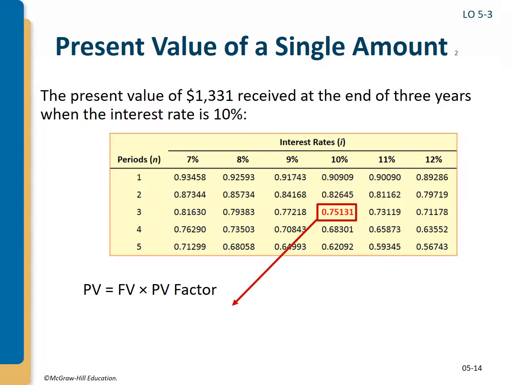So if you multiply that 0.75131 times the future value, 1331, you would have to invest $1,000. So if you're sitting there saying, well, we already know that.